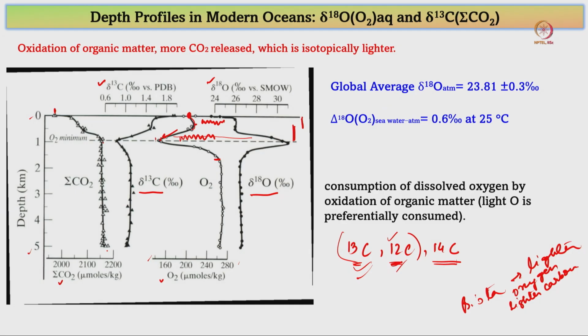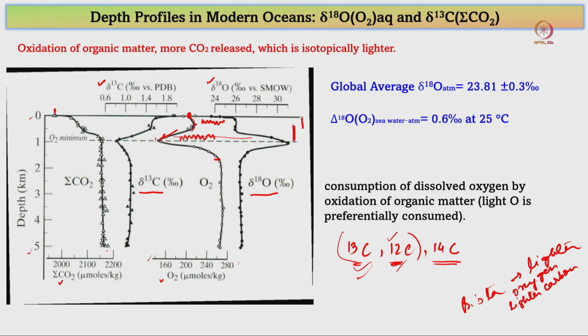Even those which are oxidizing the organic matter are preferentially using the 16 oxygen to convert the biomass into some useful compounds for themselves, releasing carbon dioxide. Okay. So, carbon dioxide gets released.